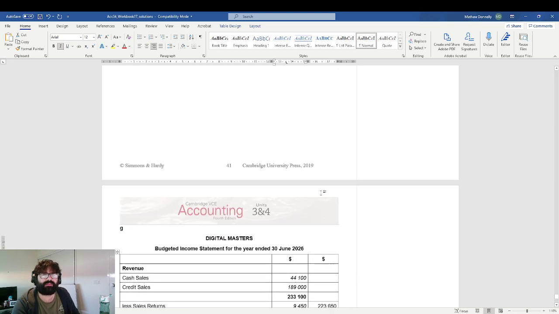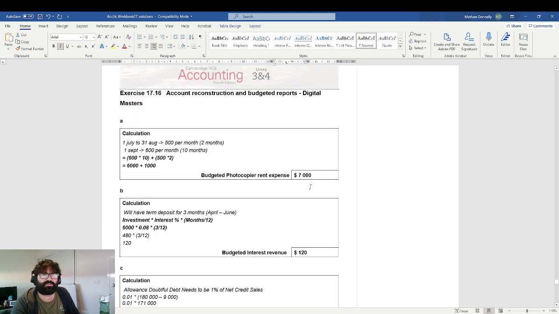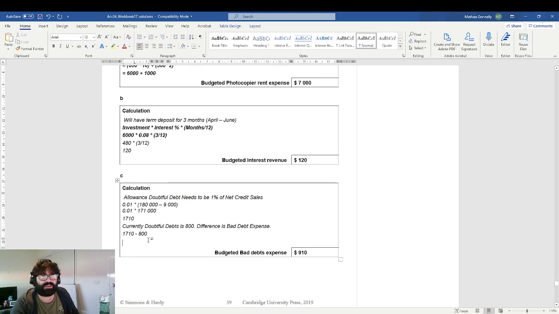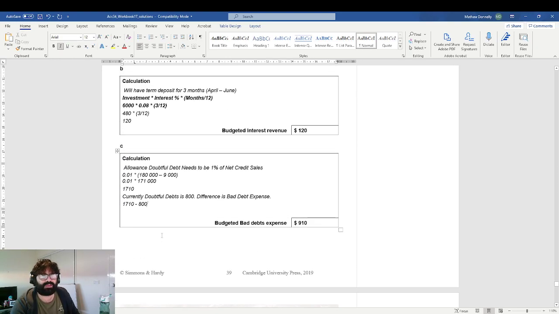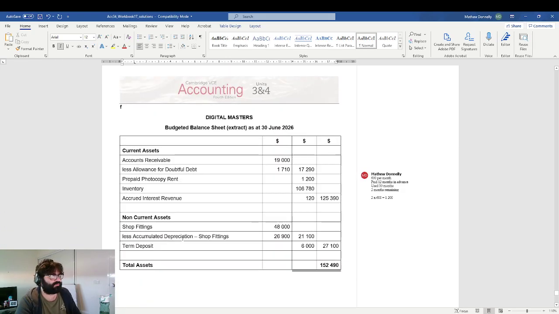So we need to calculate this very similar to what we did above. It is net credit sales.